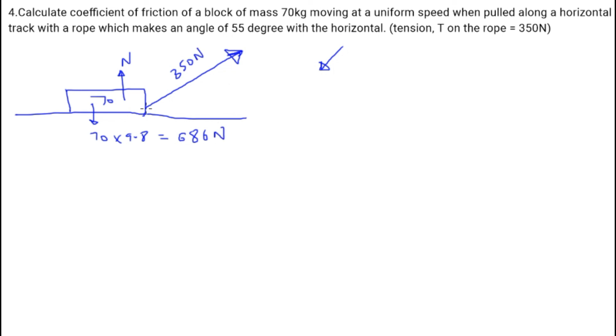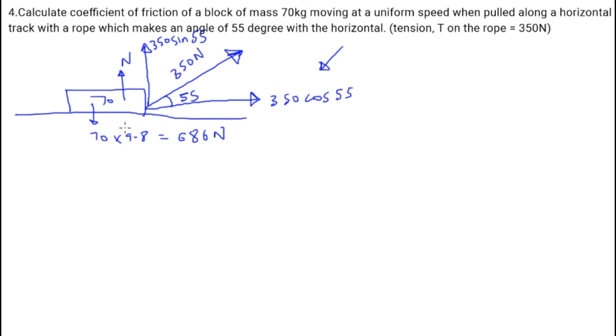It is at a particular angle to the horizontal, and the arrow will always follow that direction, 55 degrees. So I will need to resolve it into its vertical component as well. So this has to be 350 sine 55 Newton, while this is 350 cosine of 55 degrees.